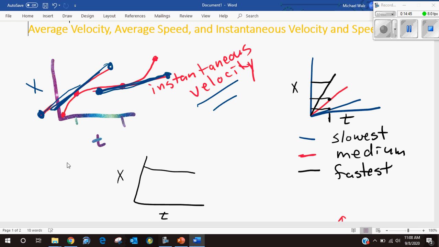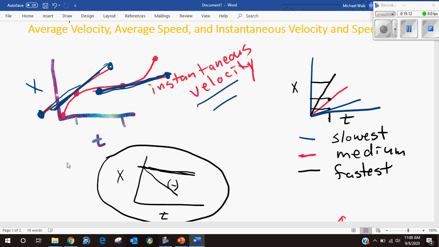Well, that means I'm not going anywhere. That's why I'm staying at the same distance or displacement, okay? What if I have a negative slope? If I have a negative slope, that means I'm going in the negative direction. So this is where this graph can only be a displacement time graph. And if it's a displacement time graph, it can only be velocity.